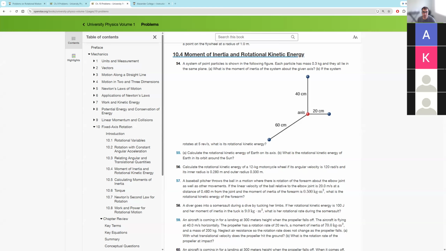A system of point particles is shown. Each particle has a mass of 0.3 kilograms, and they all lie in the same plane. What is the moment of inertia of the system about the given axis? This axis is going to be out of the page, or into the page, it doesn't really matter.